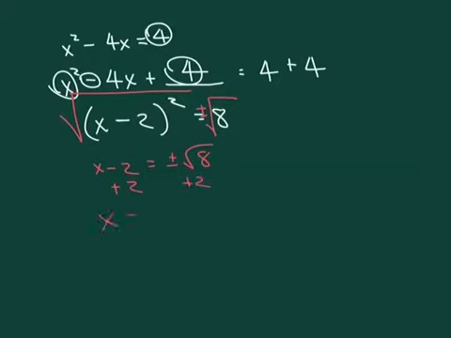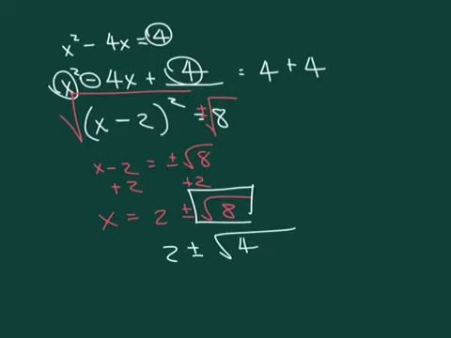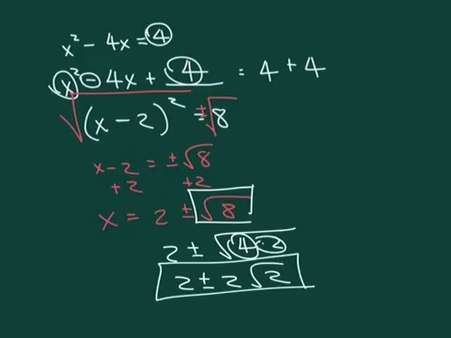So I get x equals 2 plus or minus the square root of 8. Okay, so at this point we've got our answer, but because you're such awesome radical simplifiers, you know that the square root of 8 is square root of 4 times 2. And I can take the square root of 4, and I can't do anything with that. So that ends up with your answer. So make sure that you can carry that plus or minus sign with you.